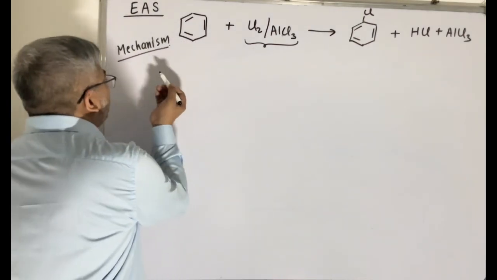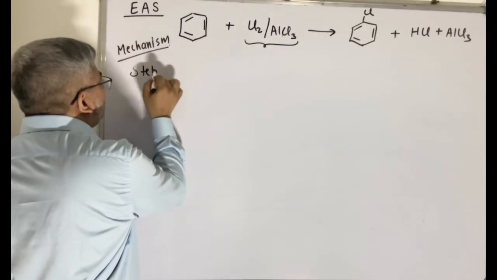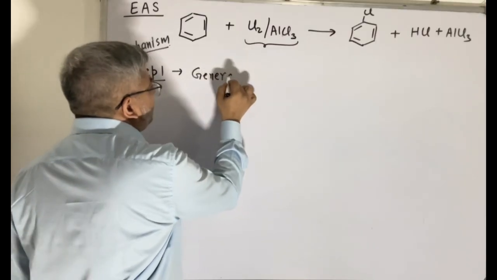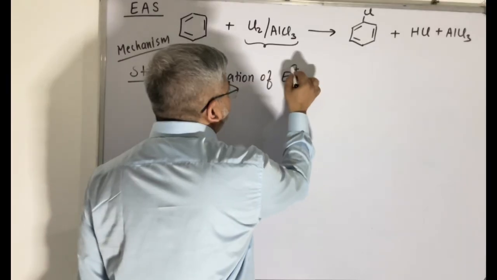So step number one is the generation of electrophile.